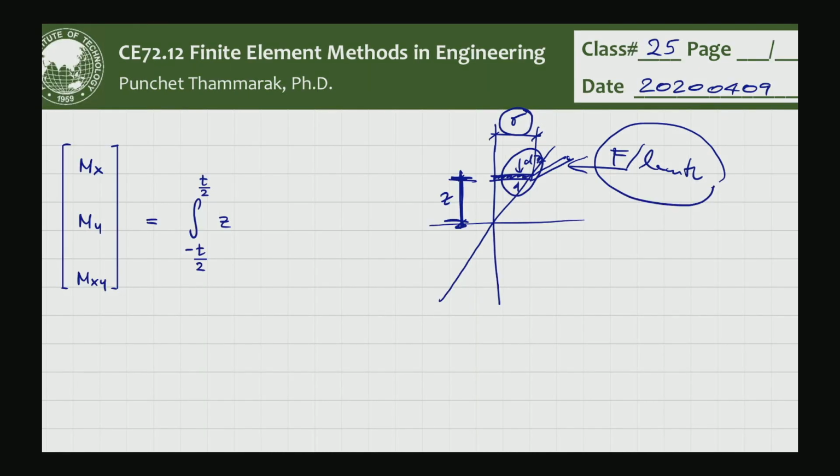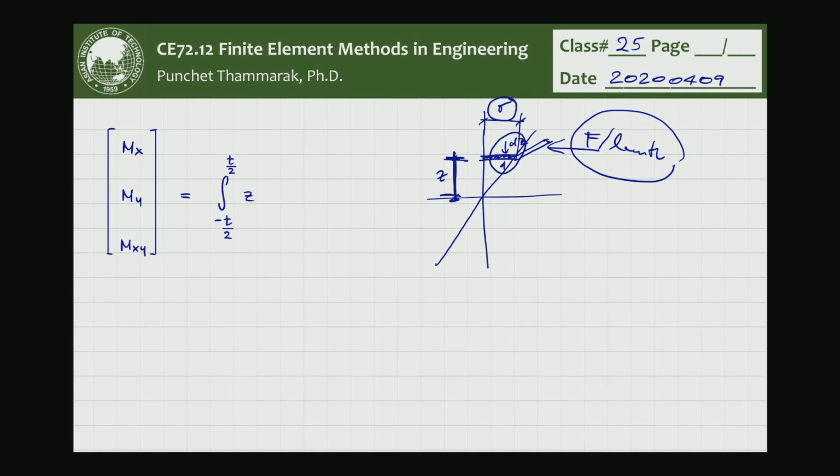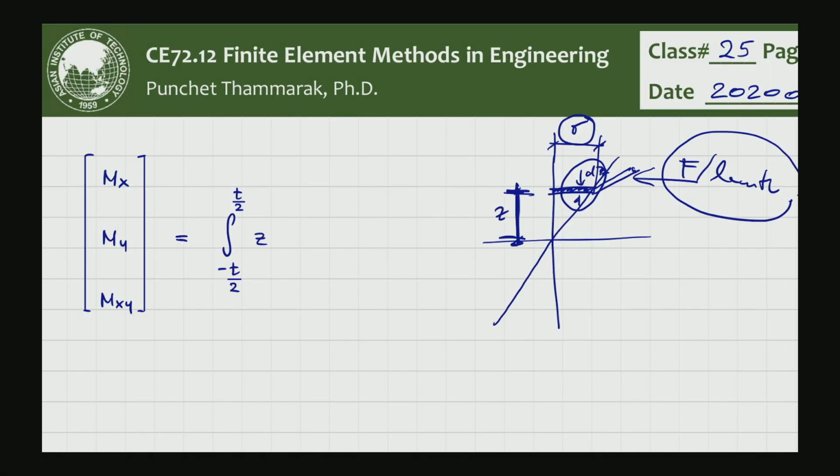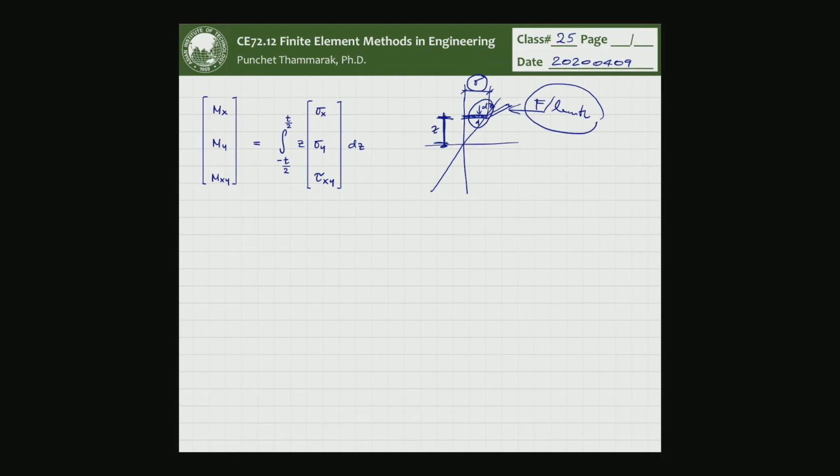Okay, so turns out that we have sigma x, sigma y, and tau xy, and then the z. So we conduct this integration. We are going to get rid of the issue about the z, and we will worry about other things later on.